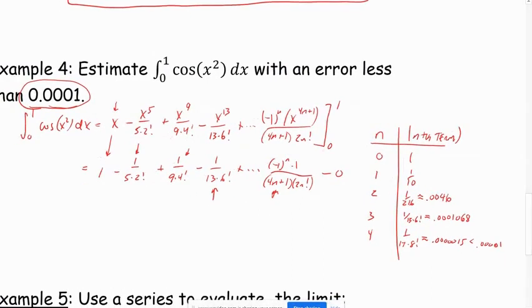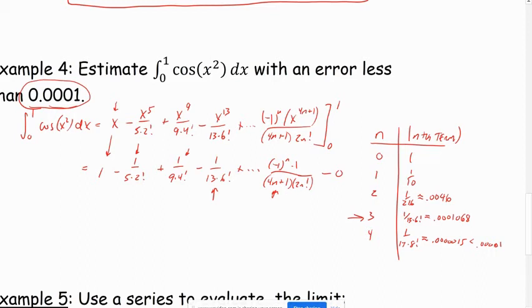And so if we go to n equals 3, our error is smaller than the next term, which is going to be smaller than 0.00001.